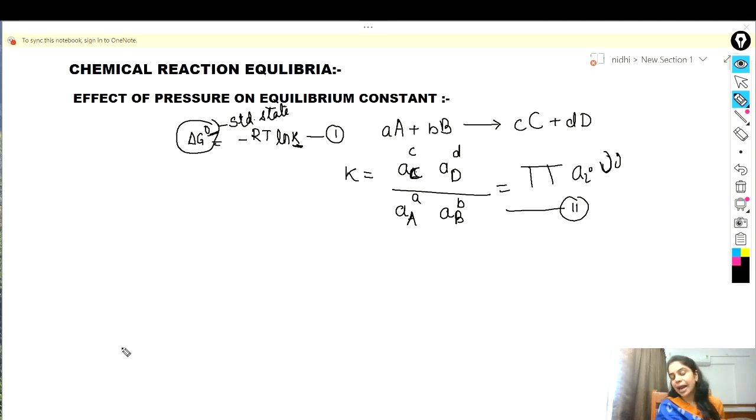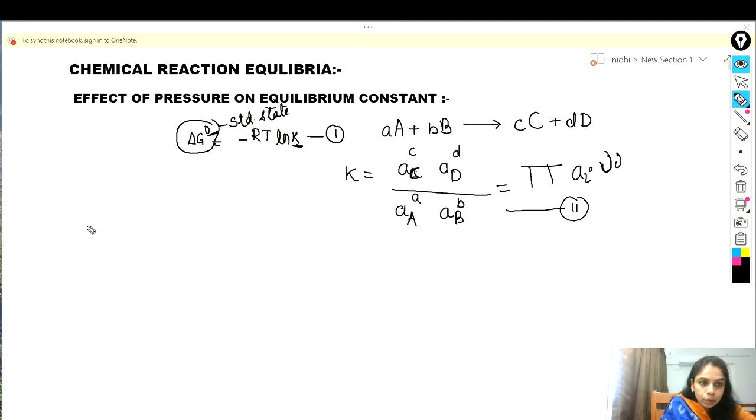So the standard free energy of a reaction, and hence the equilibrium constant, are not affected by change in pressure. So there is no effect of pressure on the equilibrium constant. Now, though the equilibrium constant is unaffected by pressure, it does affect the equilibrium composition in gas phase reactions.